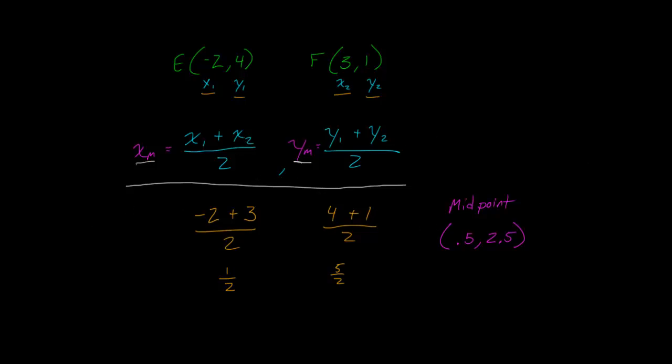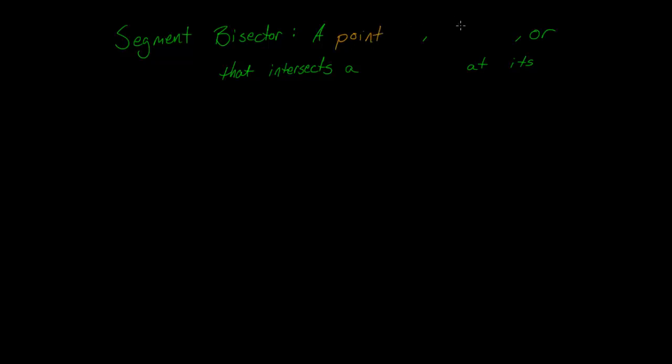Alright, so now let's clear this out and pull up our segment bisector definition. A segment bisector is a point, line, or plane that intersects a segment at its midpoint.